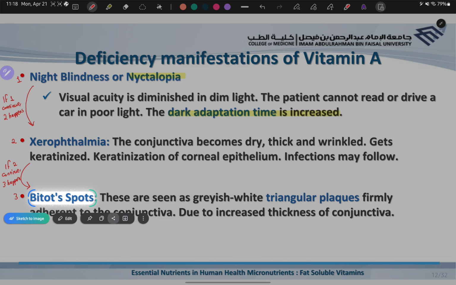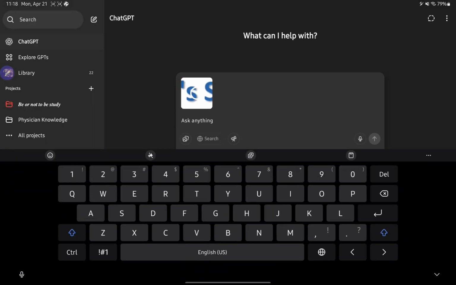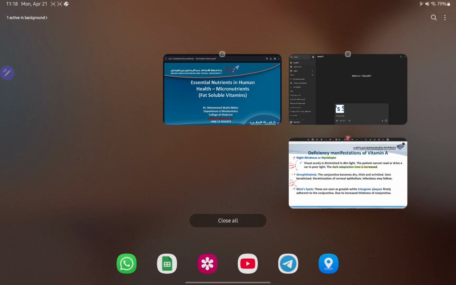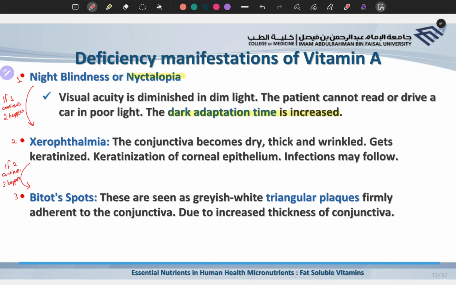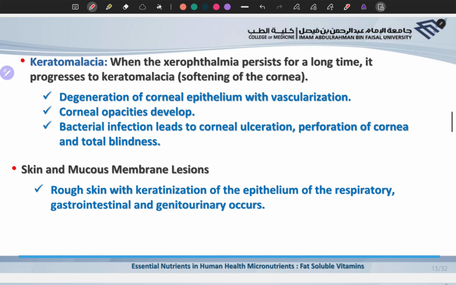Okay. Now, in neglected cases, if the deficiency continues, it can lead to keratomalacia. When xerophthalmia progresses for a longer time, it leads to keratomalacia. What is keratomalacia? The cornea becomes soft and there is sloughing of the cornea.